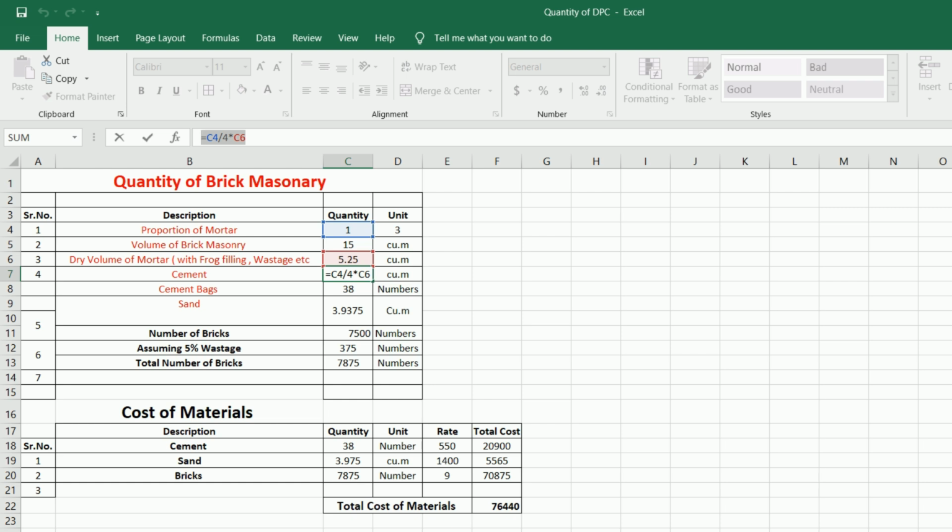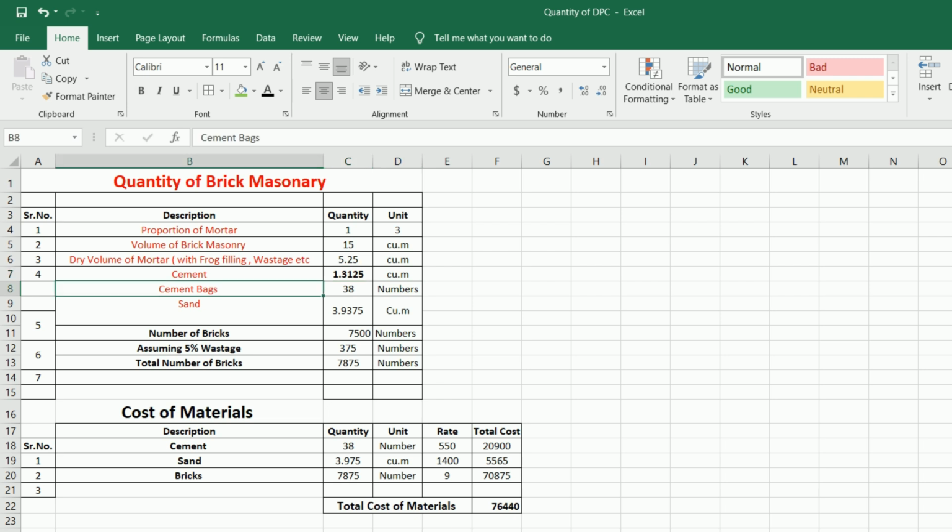C4 is part of cement, 1 part of cement, divided by sum of ratio, 1 plus 3 is equal 4, multiply C6, where C6 is the dry volume of mortar, which is 35%. So when you enter this you will get the volume of cement, 1.3125 cubic meter.